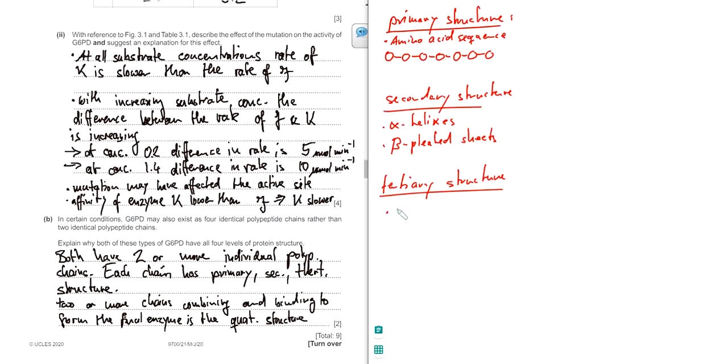And there we have probably the most prominent ones to mention, the disulfide bonds.